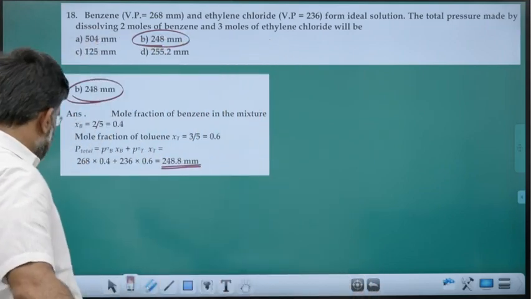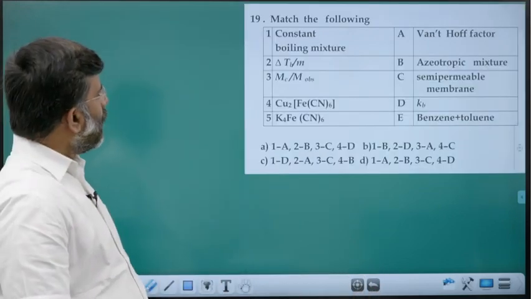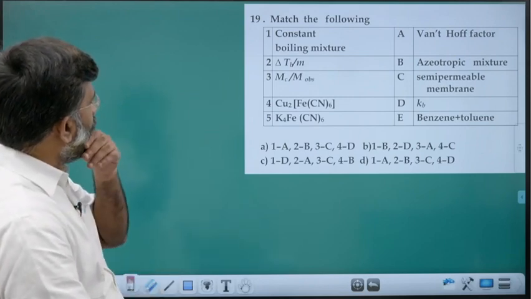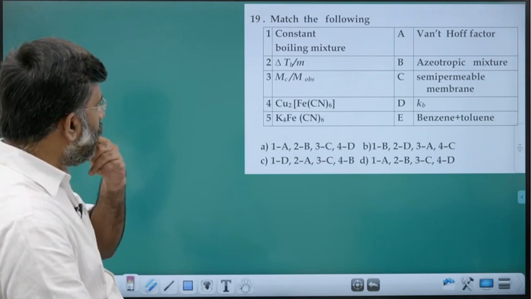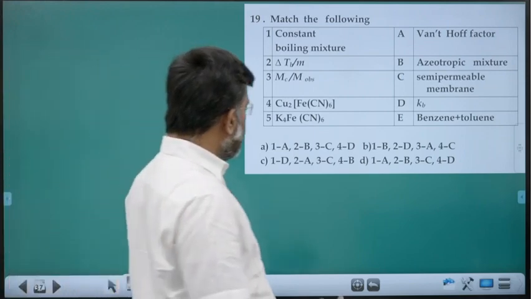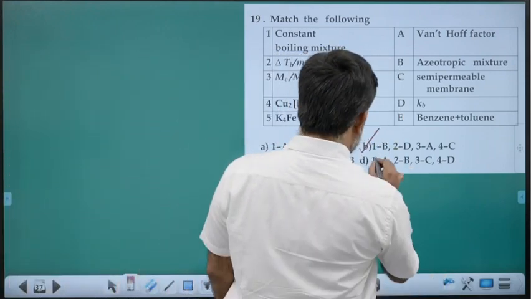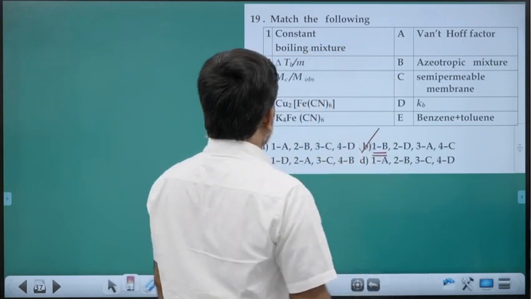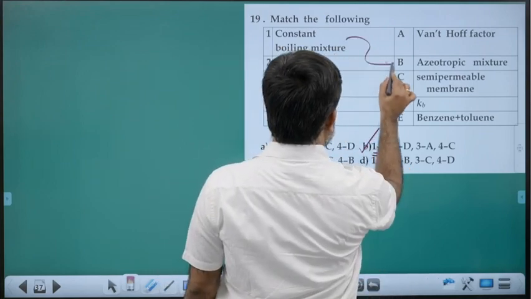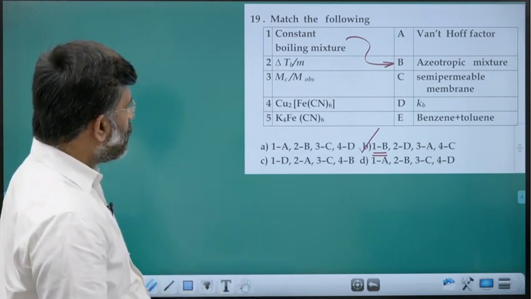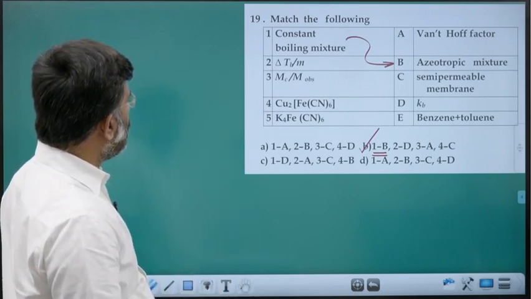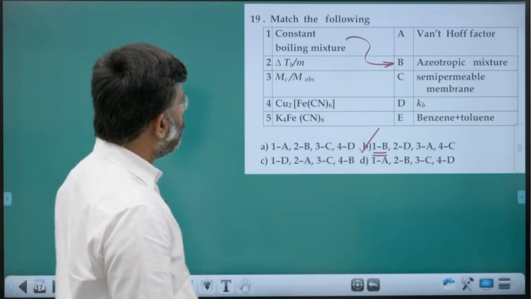Next, match the following. Constant boiling mixture, that is azeotrope, 1B. You get your answer, because constant boiling mixture is azeotrope. 2D, delta TB by M, that is KB.